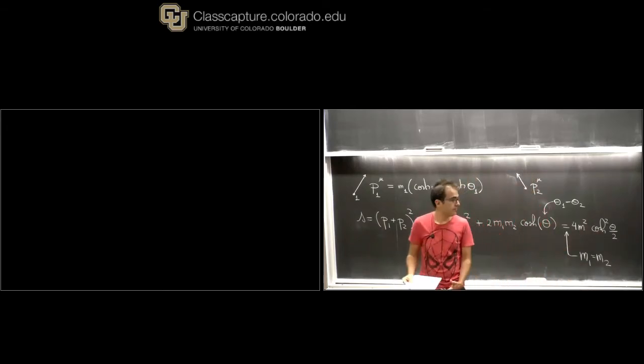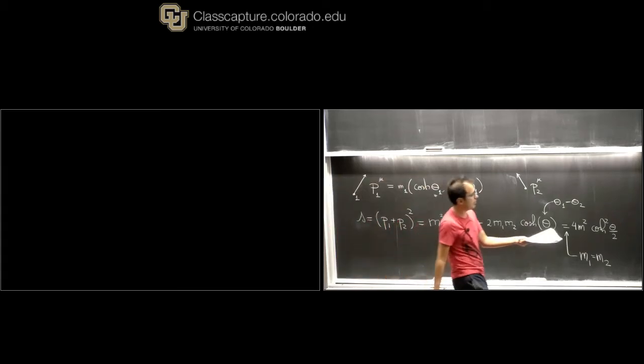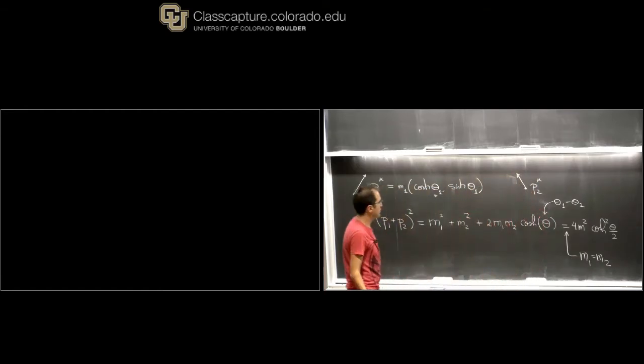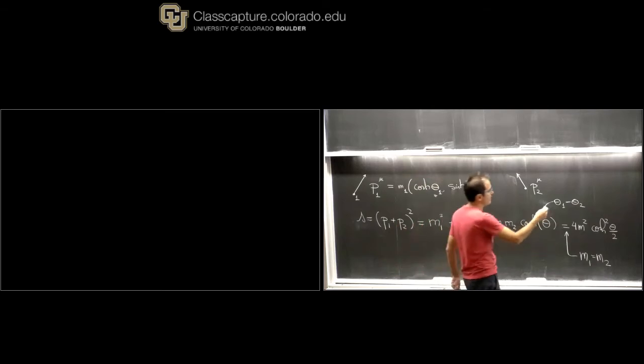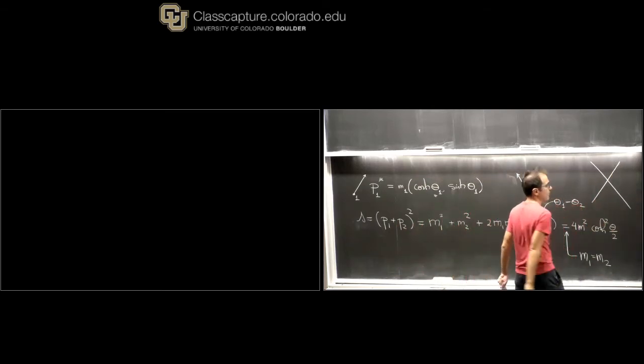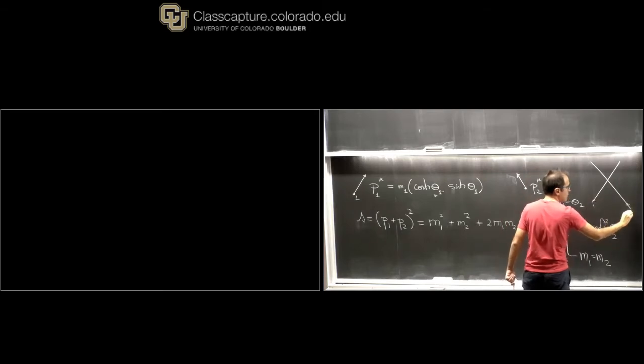If you remember, we also said that under crossing, S goes to T, which is equivalent to θ going to iπ minus θ, which is almost begging for a geometrical picture. The picture that we usually draw for this scattering process is that I have 2 particles, this would be particle 1, this would be particle 2.